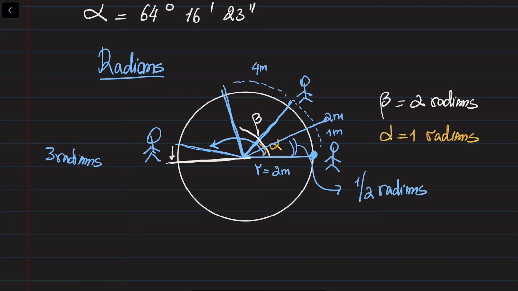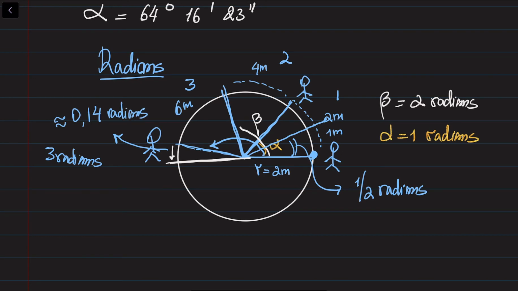Now, in order to finish half of the circle, I need to walk 6 meters and a little bit more. So this is 1 radian, 2 radians, 3 radians, and here is just a small portion of a radian, roughly 0.14 radians.